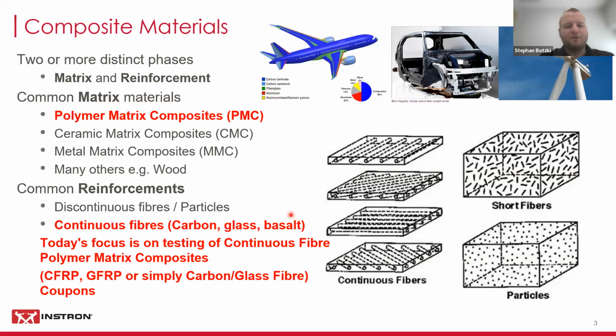There's a trend going towards more natural fibers, which not all necessarily give you the same strength, but are a lot more environmentally friendly. So today's focus in this presentation is going to be composite materials made out of polymer matrices with either carbon or glass fiber used as the reinforcement. That's what we're going to focus on today.